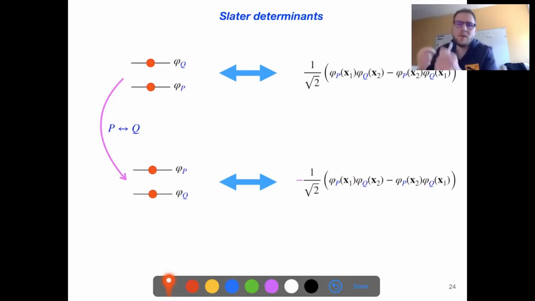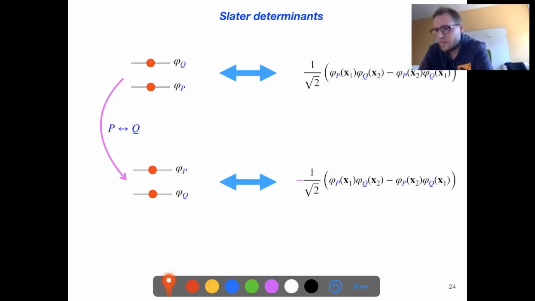But I could do it the other way around. So this is what I decide here. I say, okay, now I'm gonna basically assign the first electron to spin orbital Q and the second electron to spin orbital P, which means that I swap the indices P and Q. So if I do that, what happens? Well, not much actually. The only thing that happens is that I need to put a minus sign in front of the wave function, and that's it.